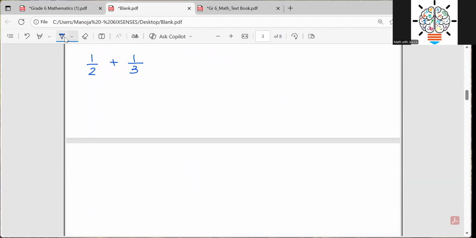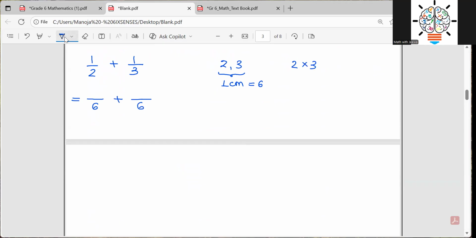When we have different denominators, we learned a concept called lowest common multiple. 2 and 3, what is the lowest common multiple or the LCM, children? It is 6. So then what I do, because I want to find a common denominator now, I write 6 and 6. Now 2 I have converted to 6. How? 2 multiplied by 3. Therefore, I want to multiply 1 also by 3 and it gives you like this.